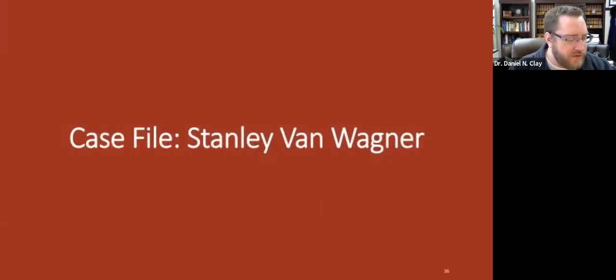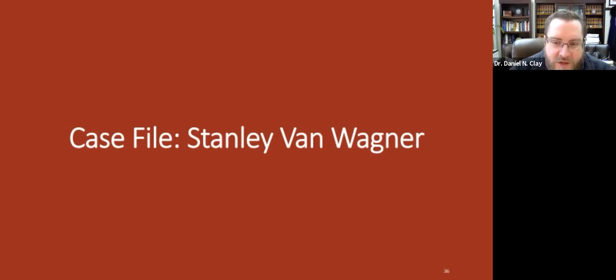So that being said, it looks like we are running out of time. We don't really have too much time to work on the case file of Stanley von Wagner. We will start next class.